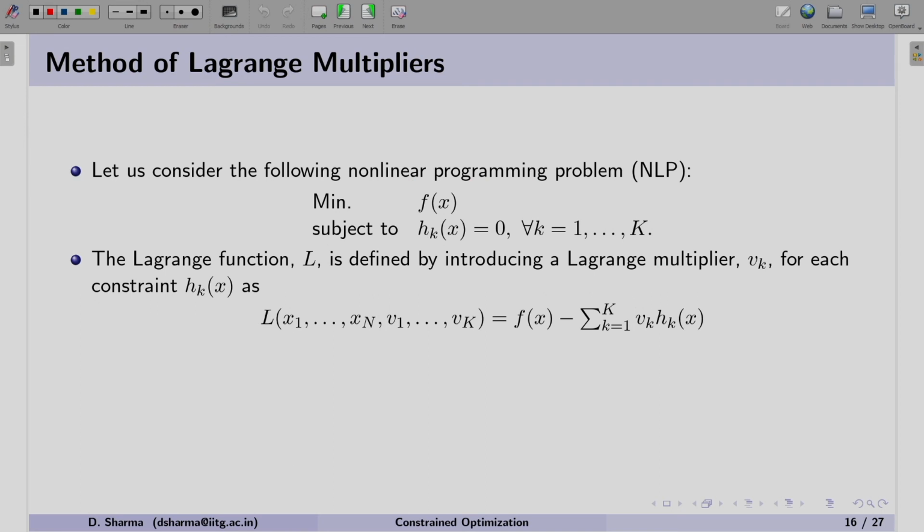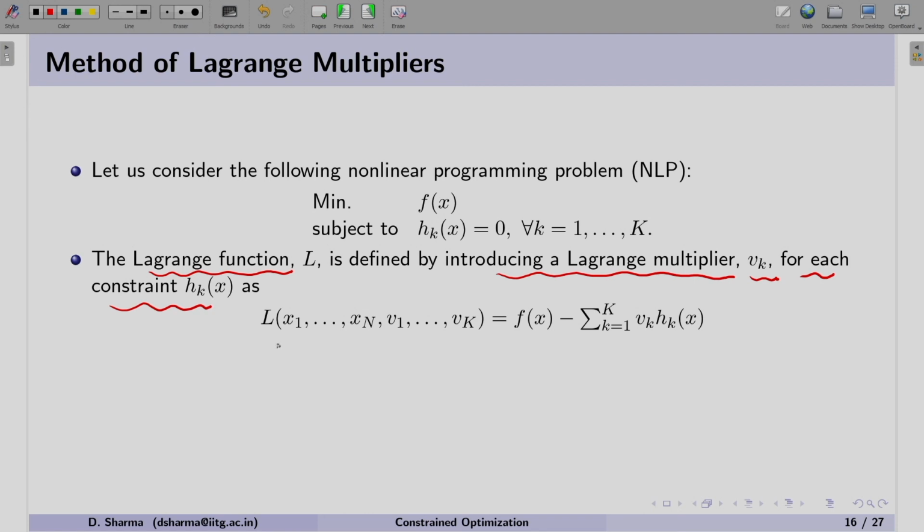Here we are introducing a function called the Lagrangian function. In this Lagrange function, we introduce a Lagrange multiplier, say Vk, for each constraint hk. This means that if we have, say, 5 constraints, then we are going to have 5 Lagrangian multipliers. How can we write this Lagrangian function?